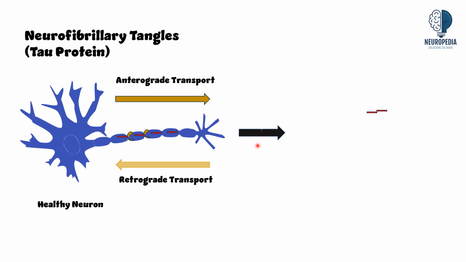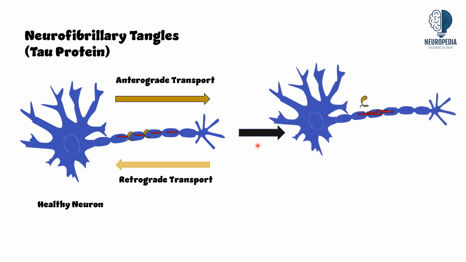Now, if we talk about Alzheimer's disease, in the pathogenesis of AD, the amyloid beta that we have already discussed activates an intracellular kinase that phosphorylates the tau protein.